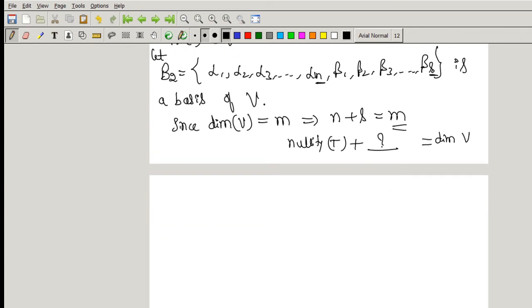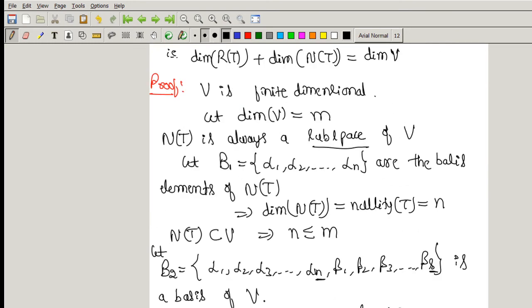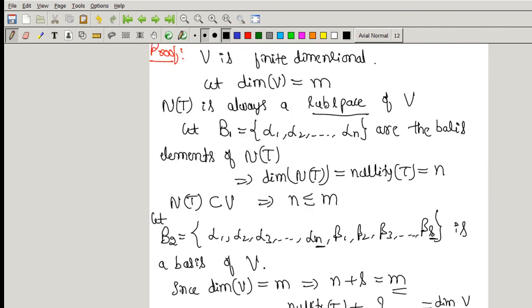So call this set beta 1, beta 2, up to beta s as some set. I think I haven't used S anywhere, right?